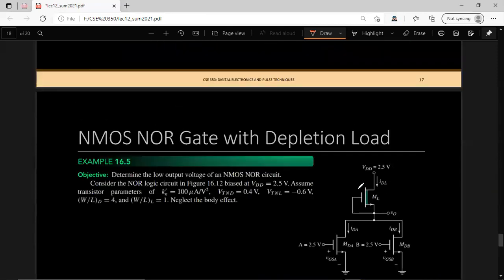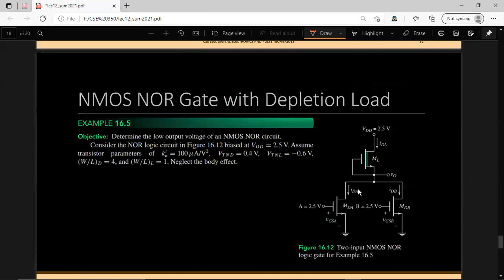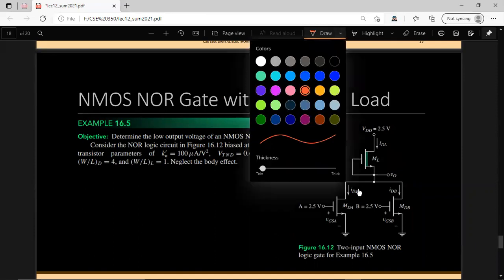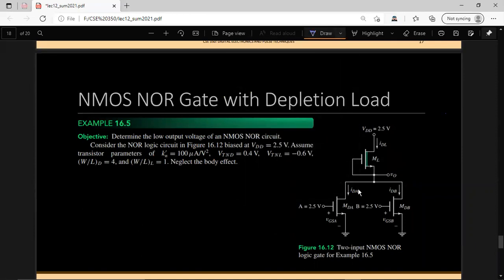Now let's check out the depletion type load. As you can see here, there is a colored section at the channel region. That would mean that this transistor is a depletion type transistor. Therefore, the threshold voltage for this load MOSFET would be negative.